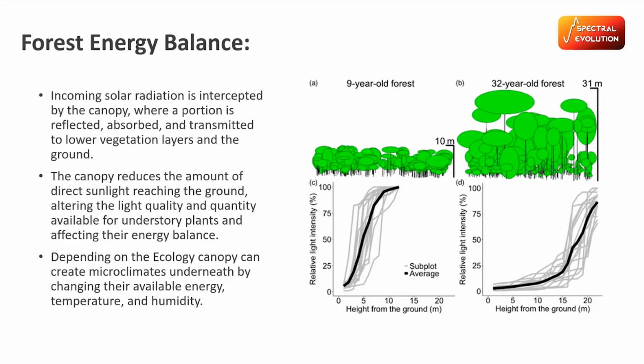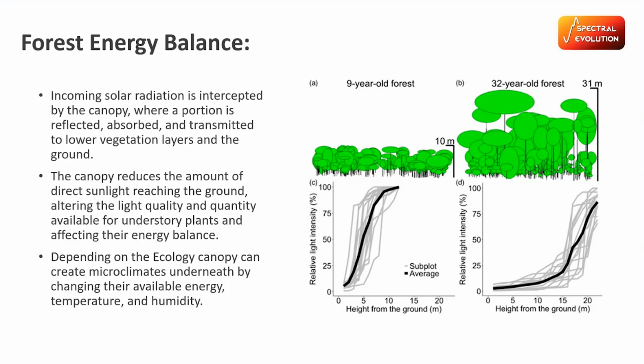So depending on the ecology, canopy can create microclimates underneath. So if you've ever been under canopy, it's typically a lot cooler under the canopy than it is out in something like a parking lot or even an open grass field. You'll see a big difference in the humidity, temperature, and energy underneath.